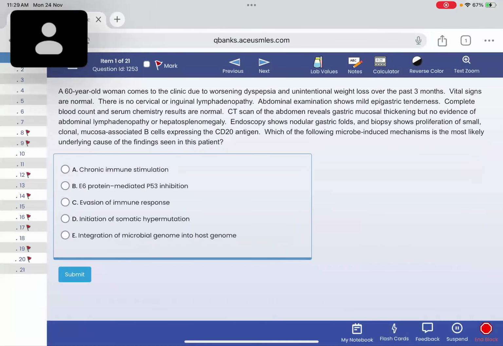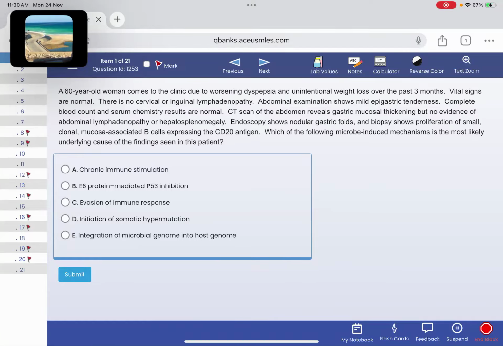So who is going to read the first question for us? A 60-year-old woman comes to the clinic due to worsening dyspepsia and unintentional weight loss over the past 3 months. Vital signs are normal. There are no cervical or inguinal lymphadenopathy. Abdominal examination shows mild epigastric tenderness.